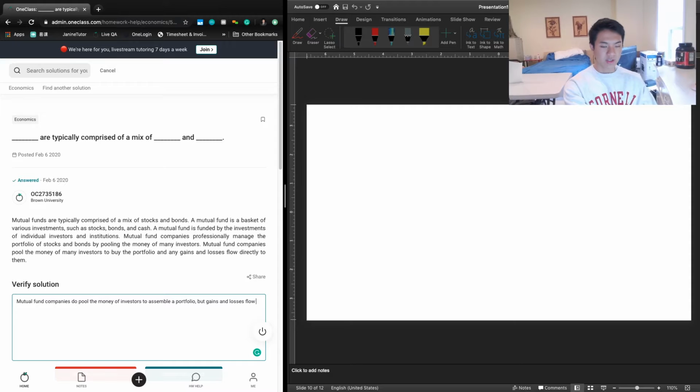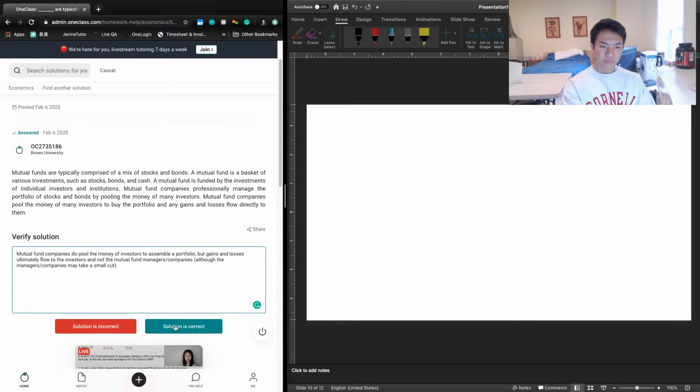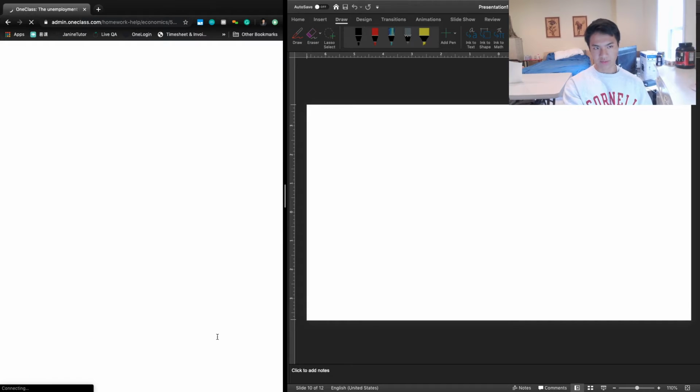So we'll say gains and losses ultimately flow to the investors and not the mutual fund managers' companies, although the managers' companies may take a small cut. So add that as an addendum, and that otherwise should be the correct answer.